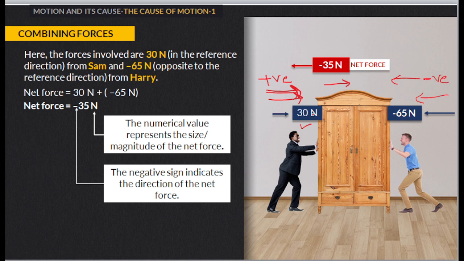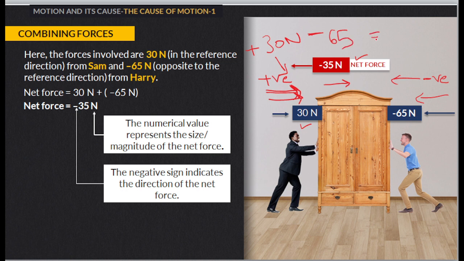So if I add them, the net force would be 30 Newton. This is plus because I have taken it as my reference. This is negative because this is opposite to my reference. So I will write negative 65 because it is in the opposite direction.